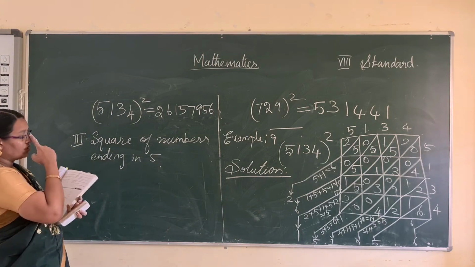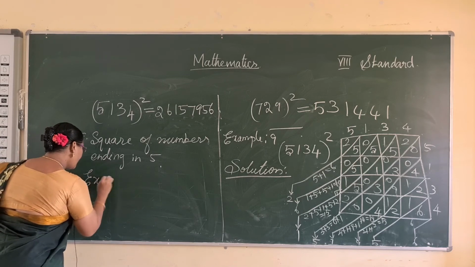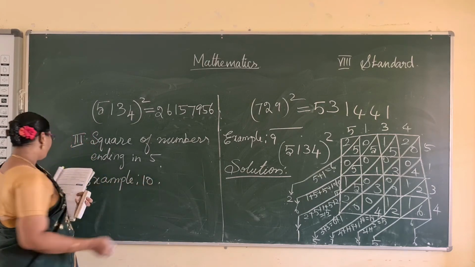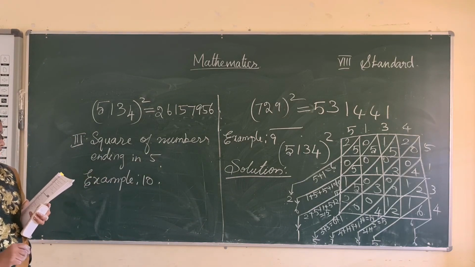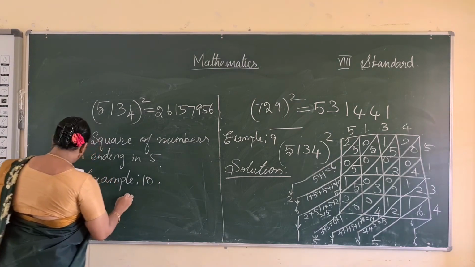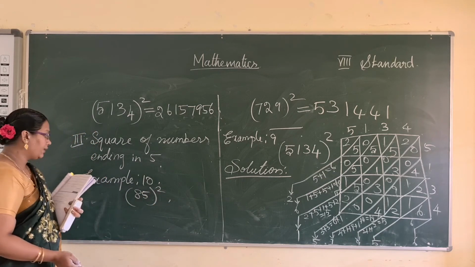This is called the shortcut method. 10th problem, find the square of 85 by using the shortcut method.